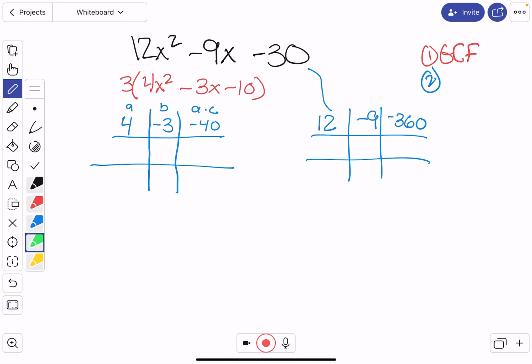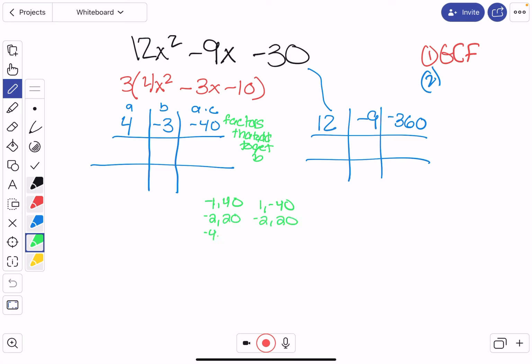All right. The next step is to find factors. We want the factors of 40 that add to get B. The factors of 40 are 1 and 40. Now that's negative, so we could have negative 1 and 40 or 1 and negative 40. Another set would be 2 and 20.